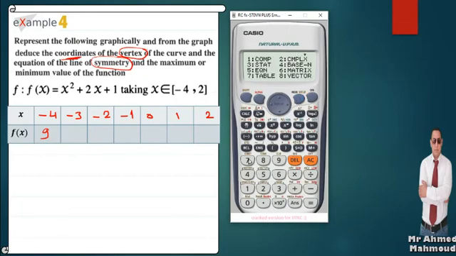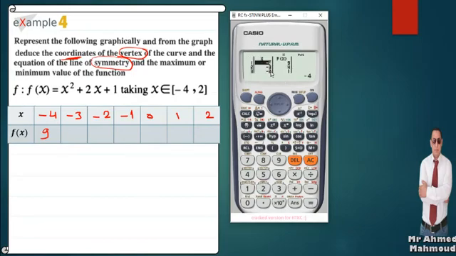Mode table or 7, then x power 2 plus 2x plus 1 equal, start is -4, end is 2, step is 1.